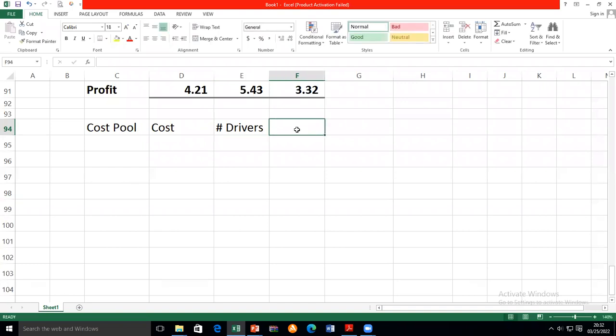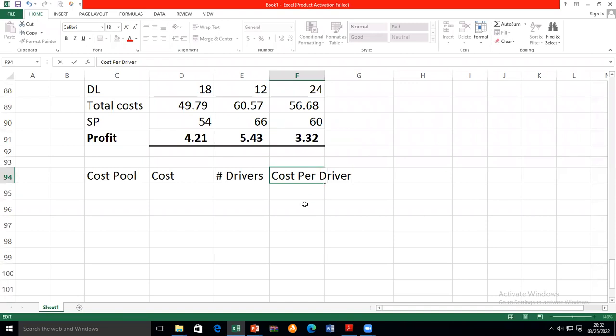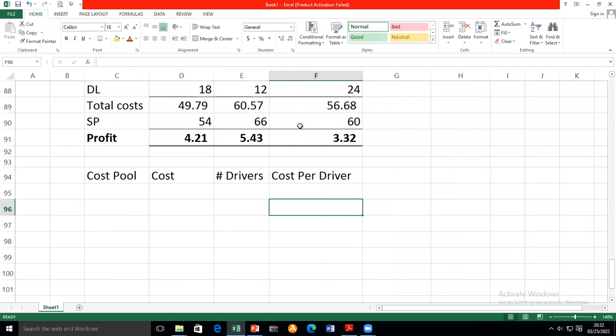And then you're going to have the cost per driver. That's what we're going to do.